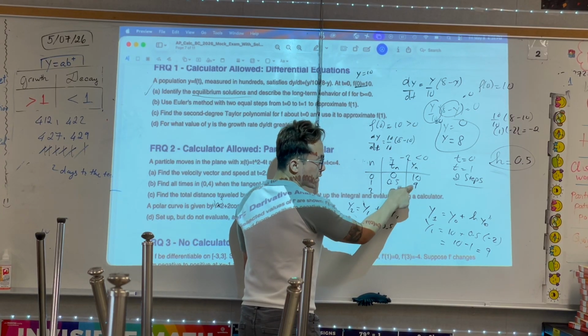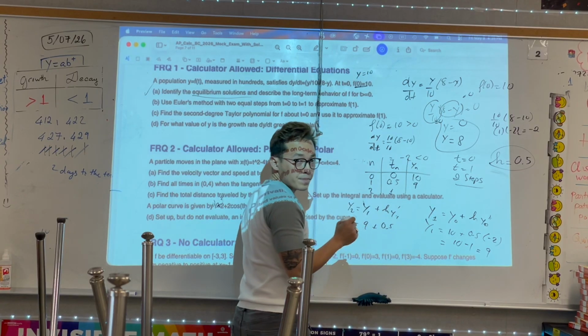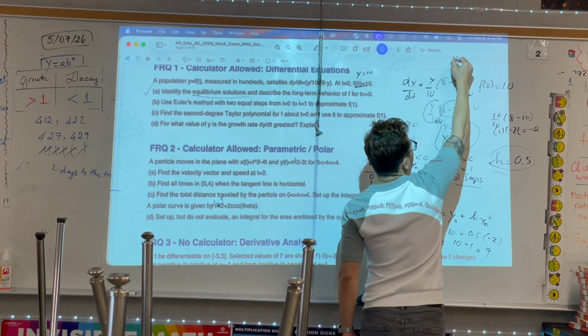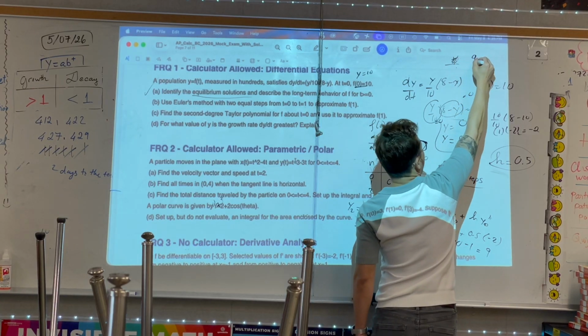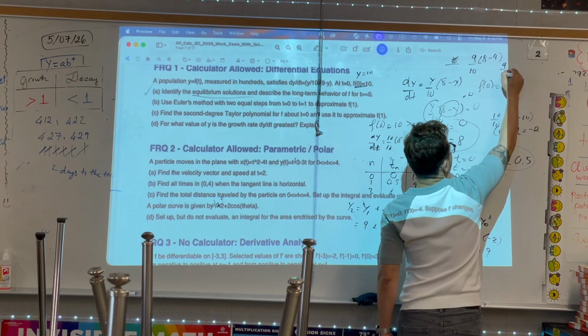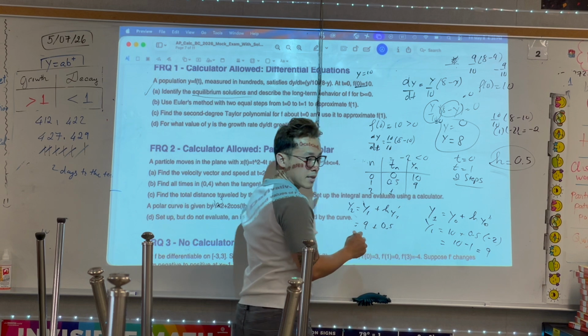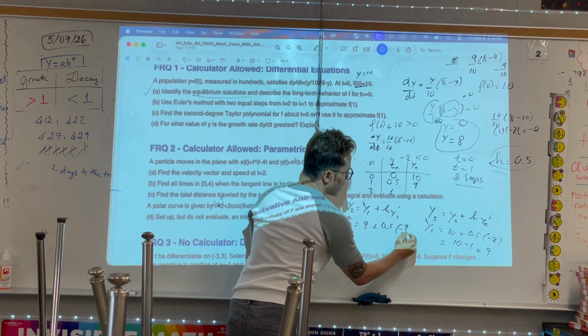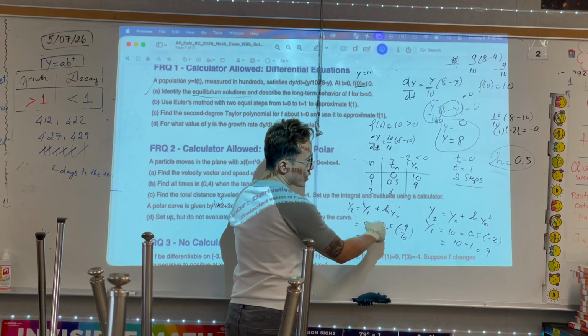That means you need to plug 9 into the derivative. So plug it in here: y over 10 times 8 minus y, so 9 over 10 times 8 minus 9. So 9 over 10, and 8 minus 9 is negative 1. So negative 9 over 10. Plug it in here. Again, 0.5 means 1/2.